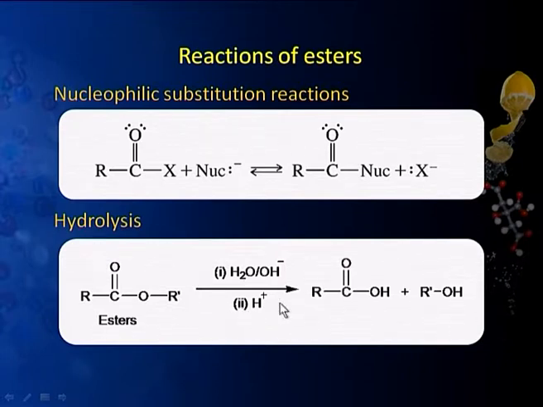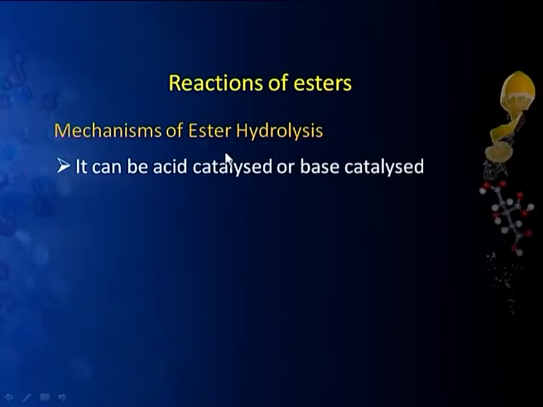The hydrolysis in alkaline medium is also known as saponification because it is the same reaction which is used for the preparation of soap from oils. Oils are also esters. Now there are various mechanisms for the hydrolysis of esters. So let us discuss these mechanisms.